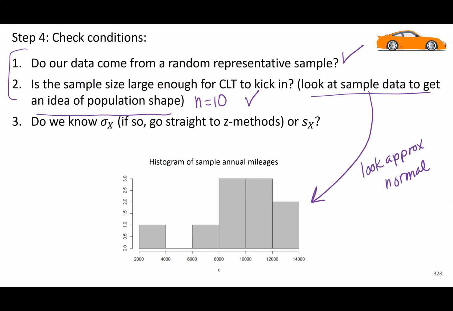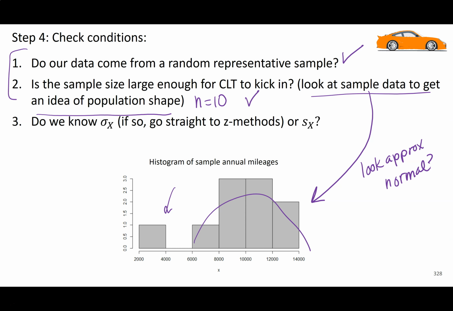It's really hard to tell because there are only 10 observations here. You might have a low outlier, one person that had like 3,000 some odd miles, but everything else looks pretty good.